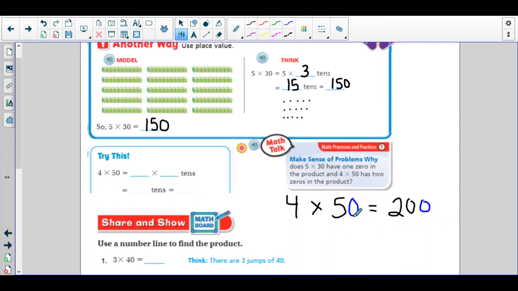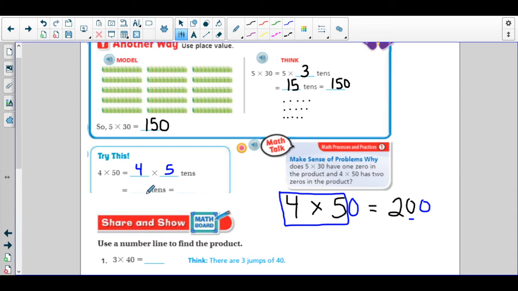So sometimes that can get a little confusing. If you have a number that already gives you a 0, you have to understand that that is part of the original 4 times 5 right here. And then you add your 0. So let's look over here. 4 times 50 is equal to 4 times 5 groups of 10.